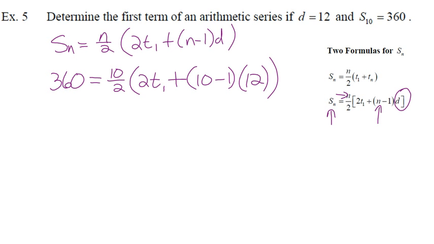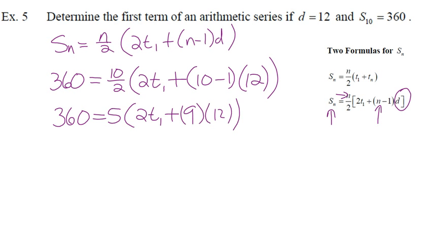We can now simplify. So 360 is equal to 5 times (2T1 plus 9 times 12). Divide both sides by 5. What's that going to be? 72 is equal to 2T1 plus 108.